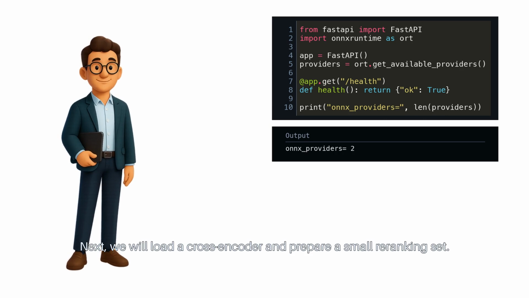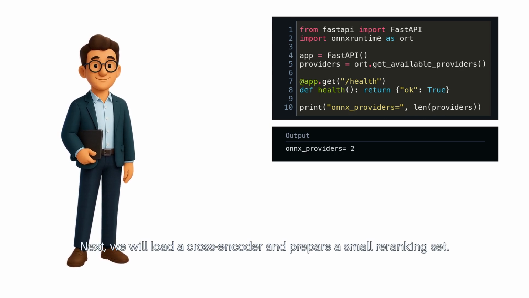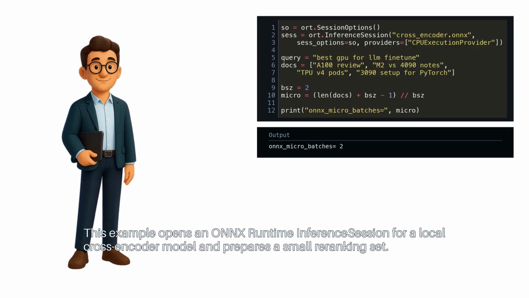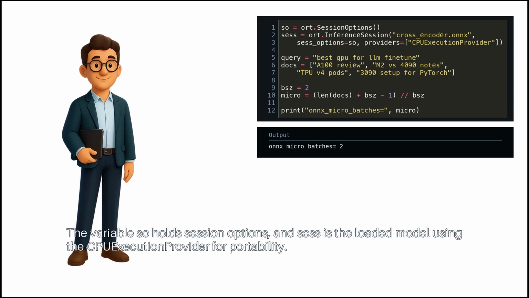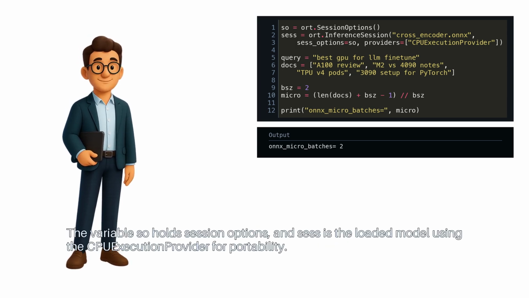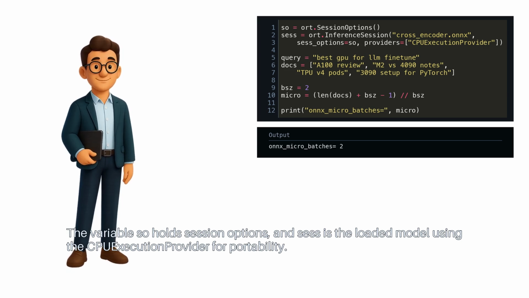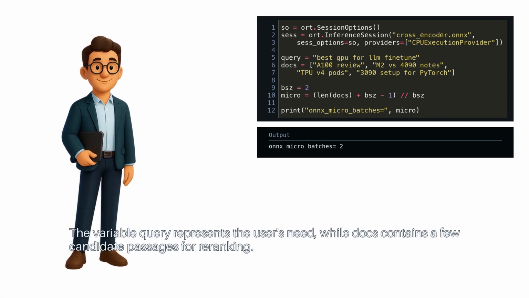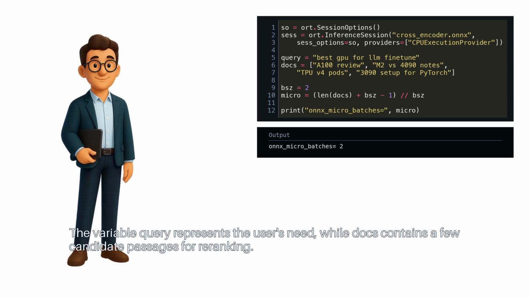Next, we will load a cross-encoder and prepare a small re-ranking set. This example opens an ONNX Runtime inference session for a local cross-encoder model and prepares a small re-ranking set. The variable so holds session options, and ses is the loaded model using the CPU execution provider for portability. The variable query represents the user's need, while docs contains a few candidate passages for re-ranking.